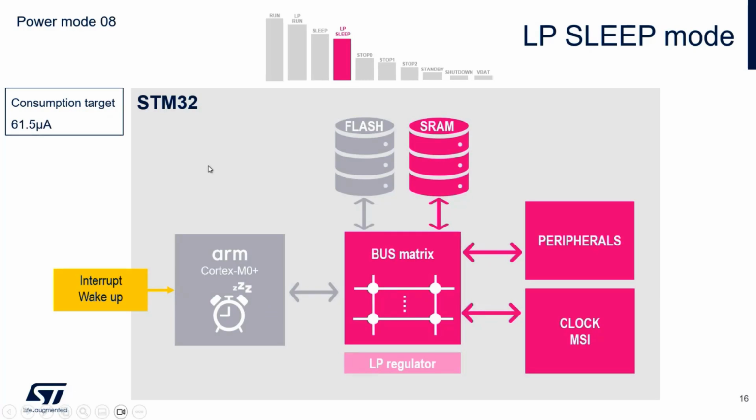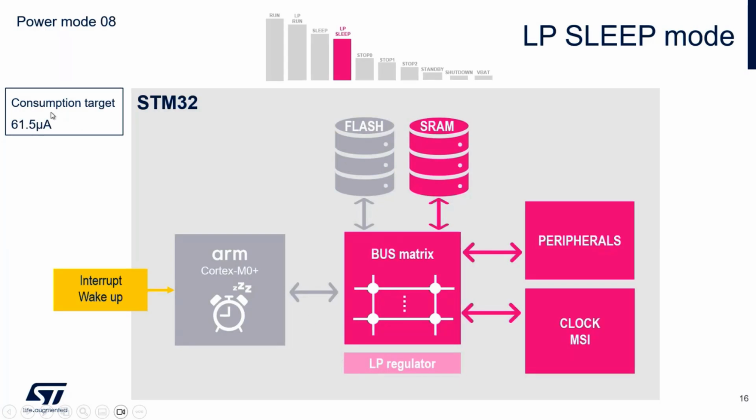As was mentioned on the previous slide, in this mode the Cortex is sleeping, with no access to flash or SRAM, and only some peripherals can run. We will use only the low power regulator.